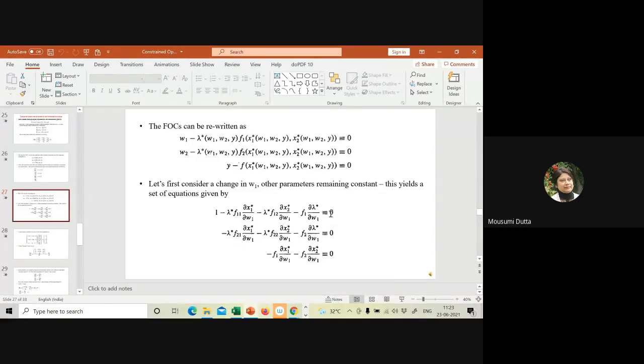Panita, you told that you did this or started to do this, so please check. If there is any mismatch, please let me know. Those who have already done this or started, please check the signs, check the values. And others, please take the derivative with respect to W1.